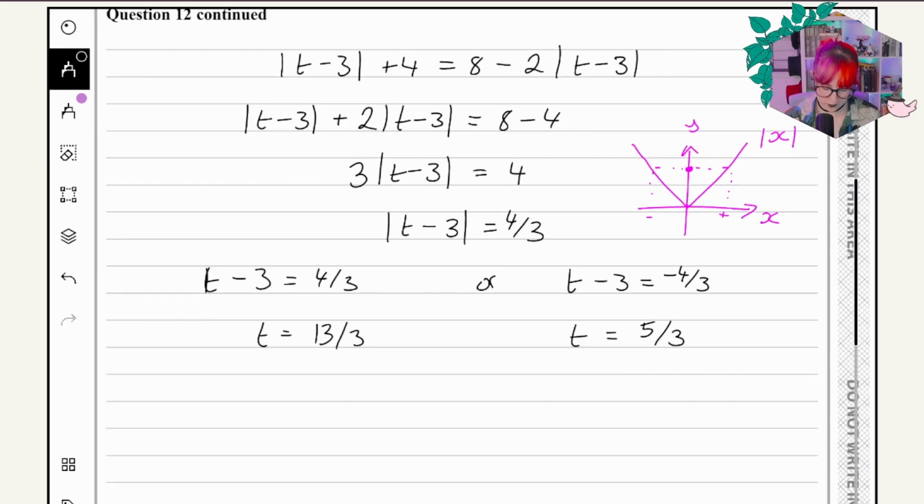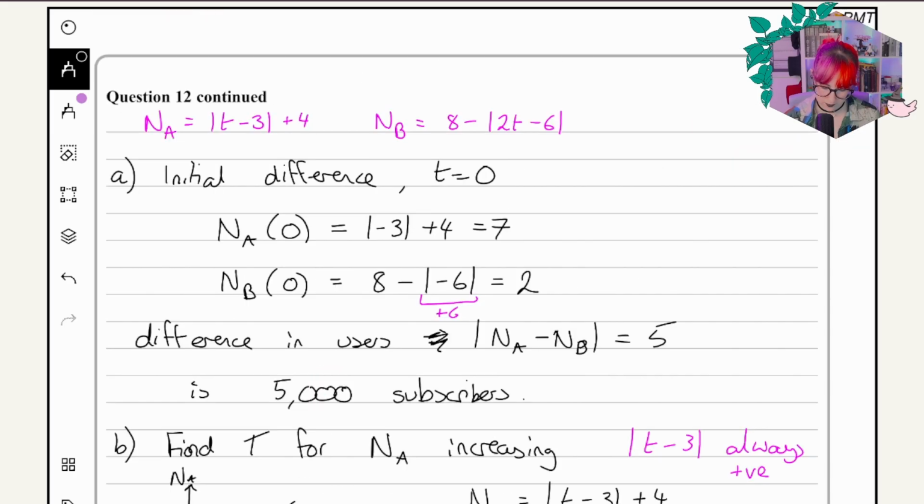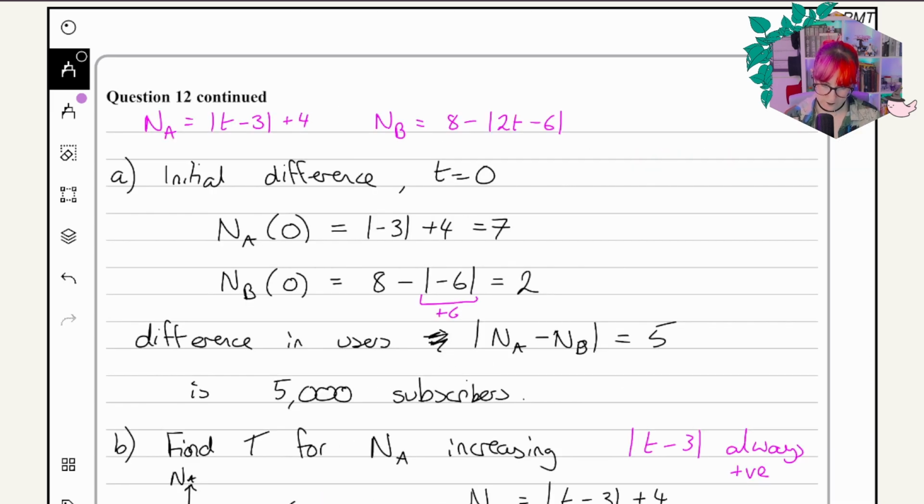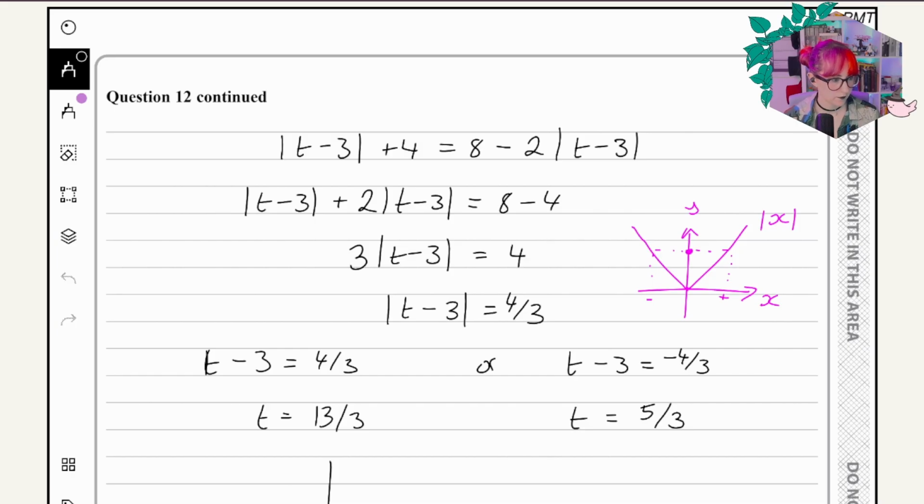Then again, we have our graph of our two expressions, and they looked like this. So we had NA doing something like that and NB doing something like that. And we want the region where NA is bigger than NB.